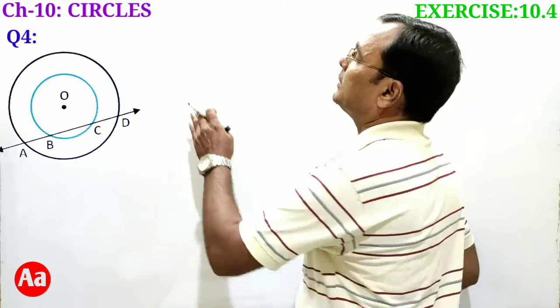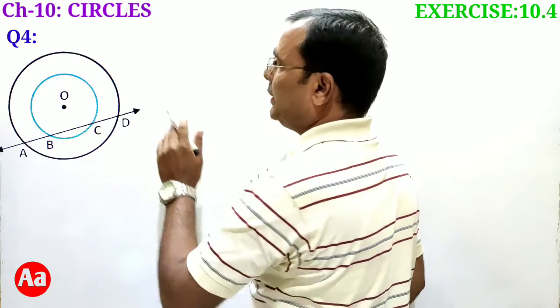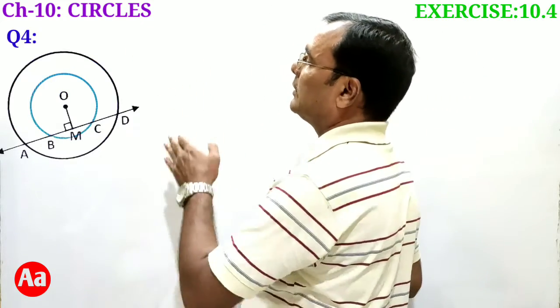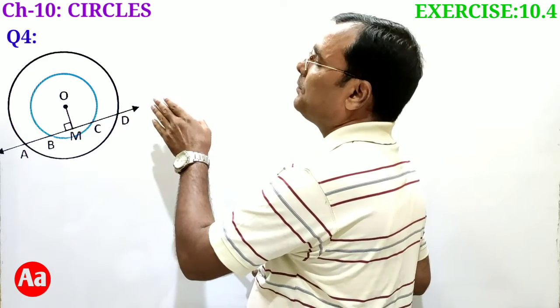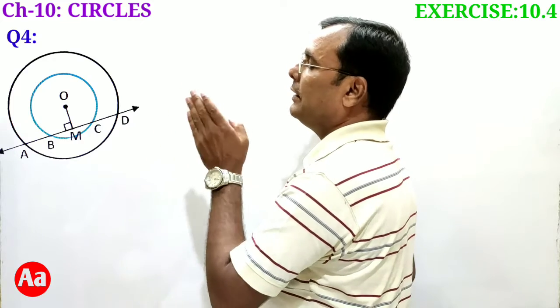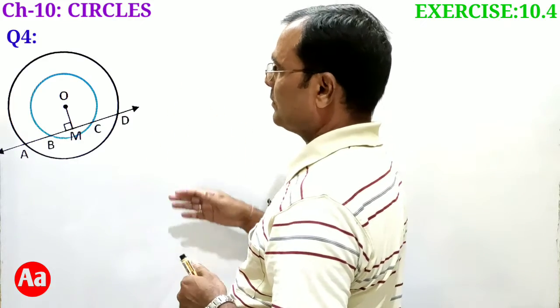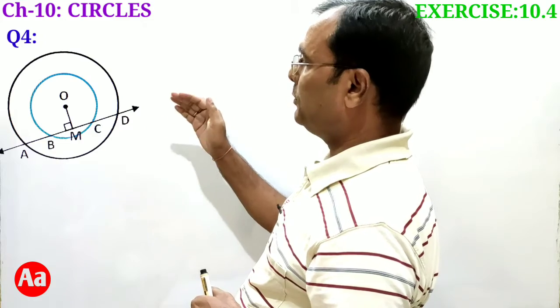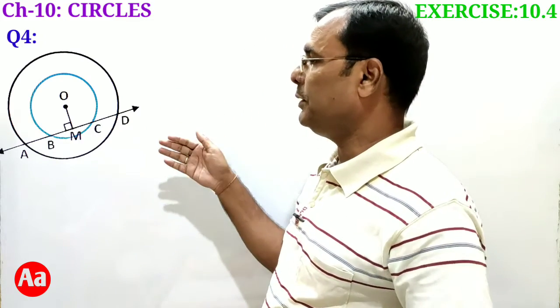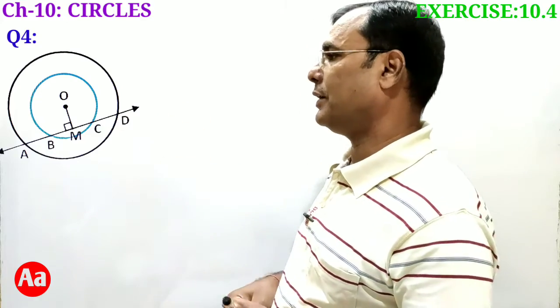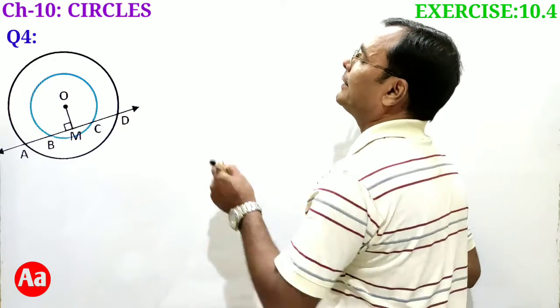Let us draw first of all a perpendicular from the center to the line, or we can say to the chord AD or to the chord BC. Perpendicular drawn from the center to the chord AD will also be perpendicular to the chord BC of the inner circle.